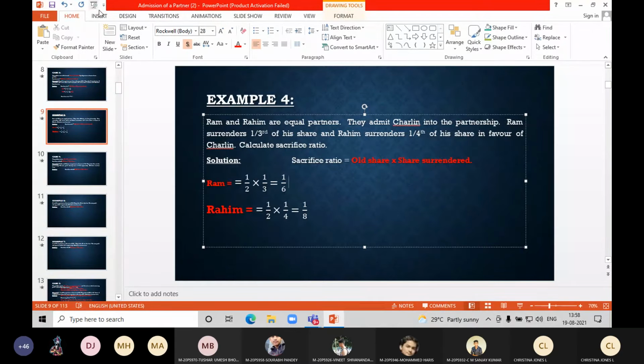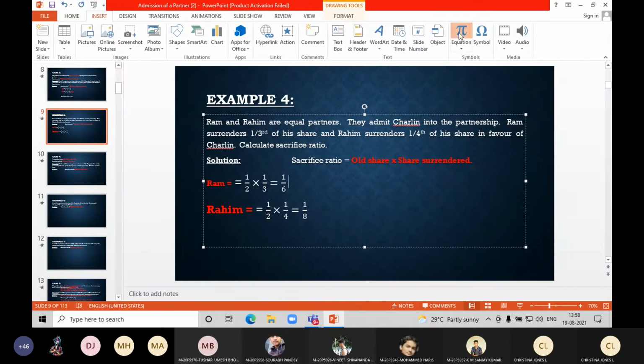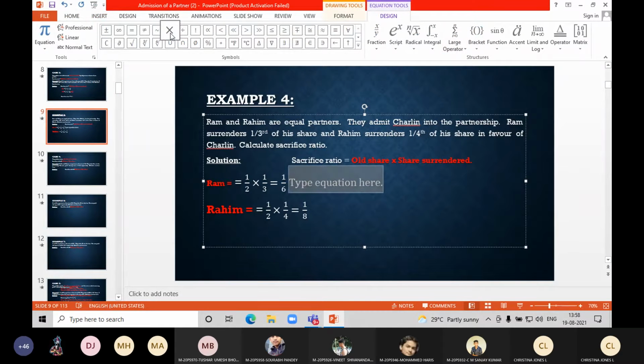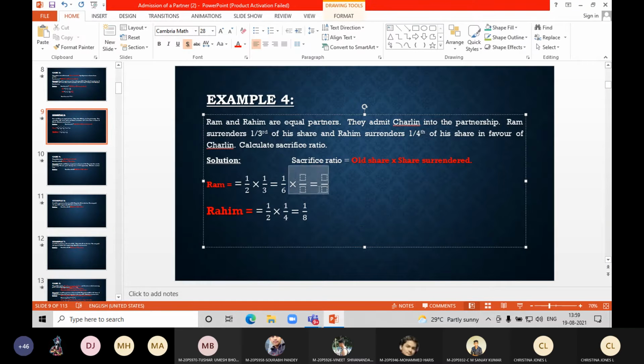Okay, so let's convert it. What is the LCM for 6 and 8? Someone give me the LCM. Are you all understanding, or are you all just sleepy, afternoon class? 48, ma'am. 48 is the LCM. 6 into what will give me 48? 6 into 8, correct?